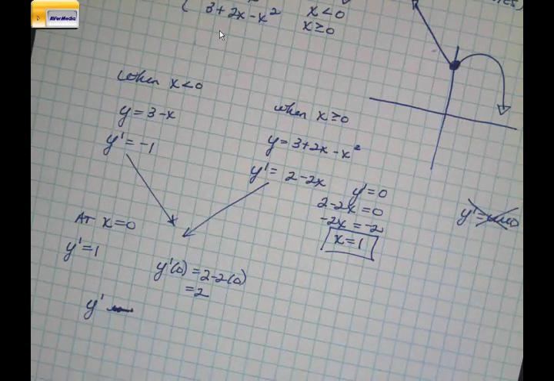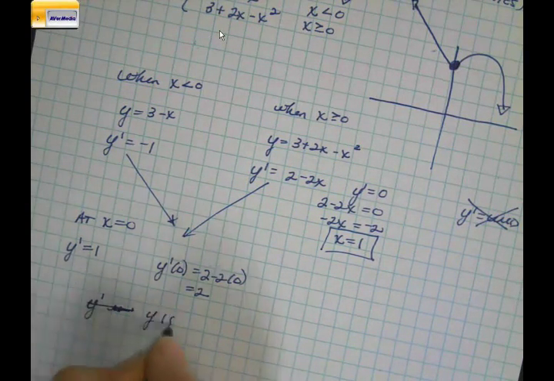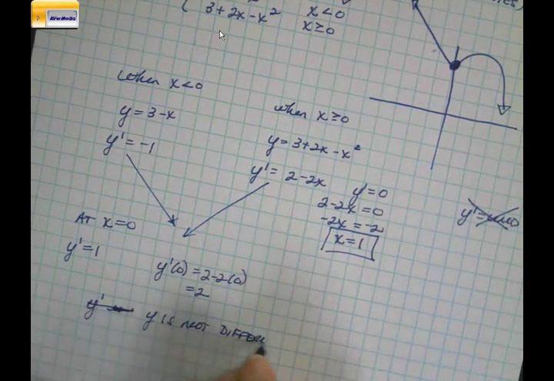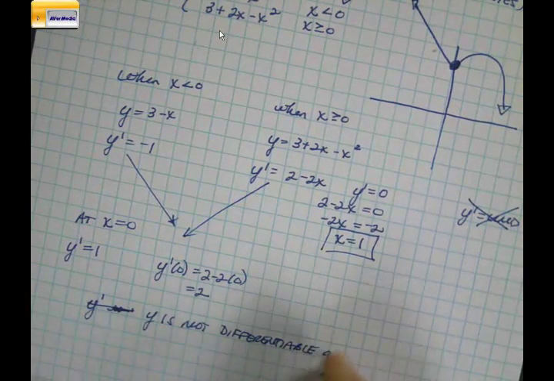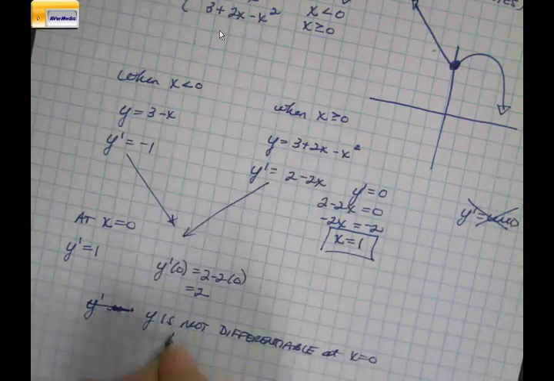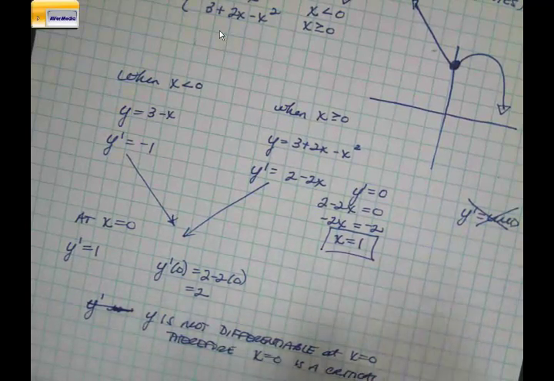Right. Well, the limit exists, but it's not differentiable. So how about this? y is not differentiable at x equaling 0, which means, therefore, x equals 0 is a critical value.